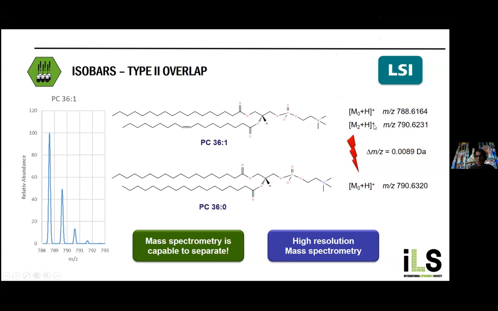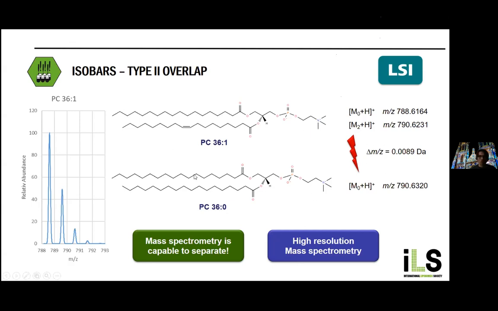And if we have a look at PC 36:1 and PC 36:0, the +2 isotope has quite a similar mass to the monoisotopic peak of the saturated PC species. It's only a mass difference of about 9 millidalton. And low mass resolution cannot discriminate that type of mass difference.